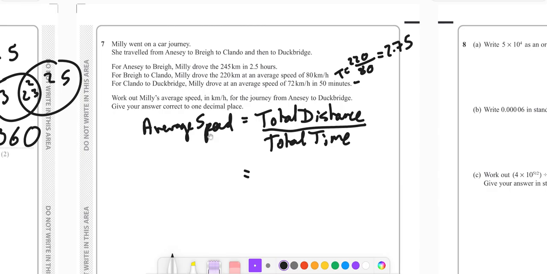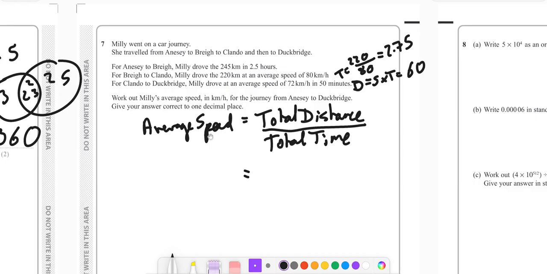And this one we've got to work out the distance, and distance is speed times time. Oh, it's 50 minutes. So 50 out of 60, because we want it in hours.